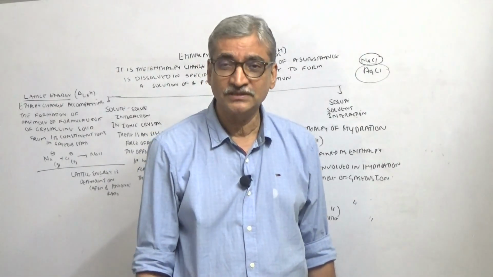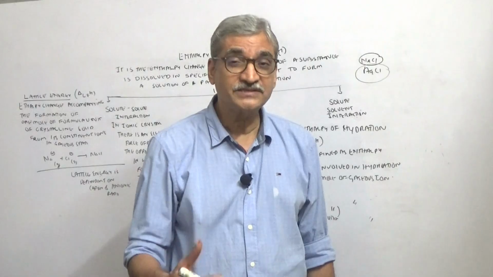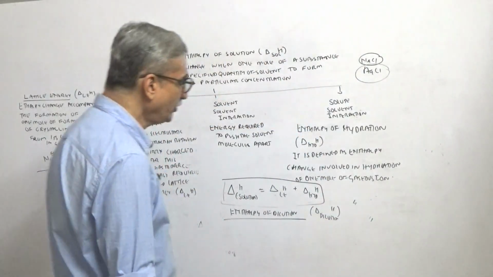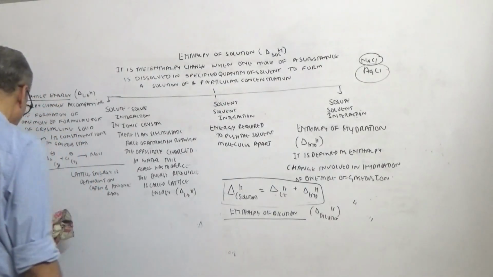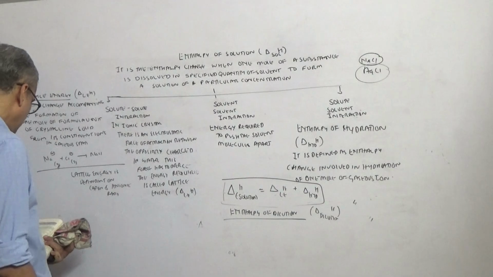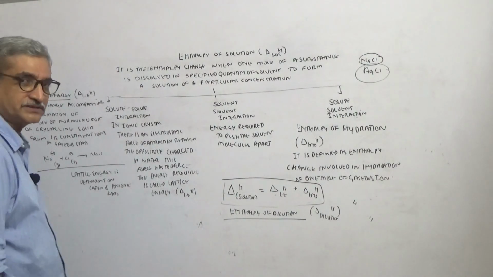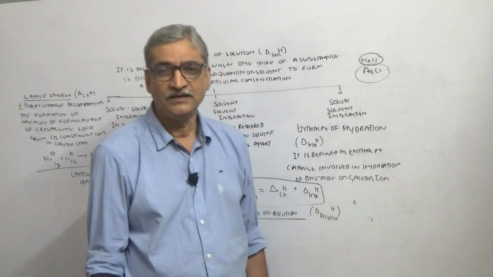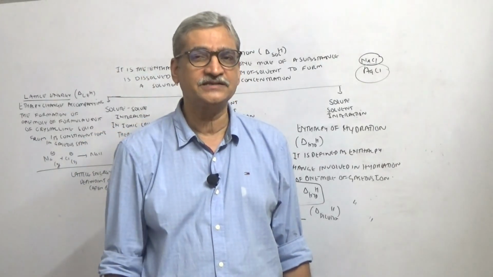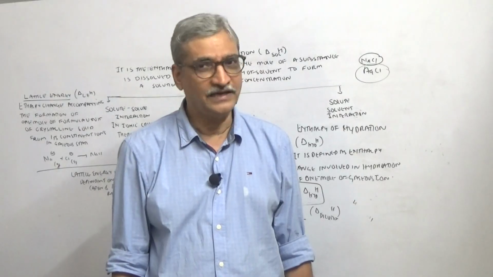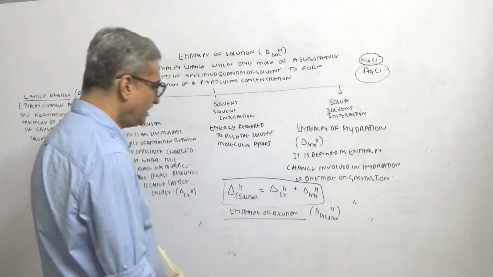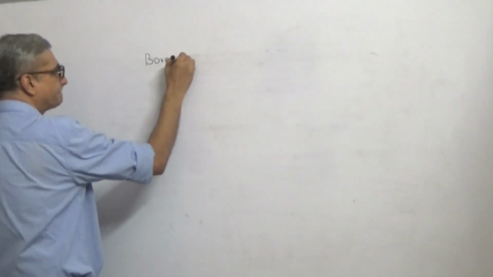So when you dilute, sometimes it is exothermic, sometimes it is endothermic. Is this clear? So how would you define enthalpy of dilution? The enthalpy change when a solution of one concentration is diluted to form a solution of another concentration. So you have 1 molar sulfuric acid, you make it 0.1 molar, some amount of heat is released, that is the enthalpy of dilution. Is this point clear? Not of much significance, so I am not going into great detail.